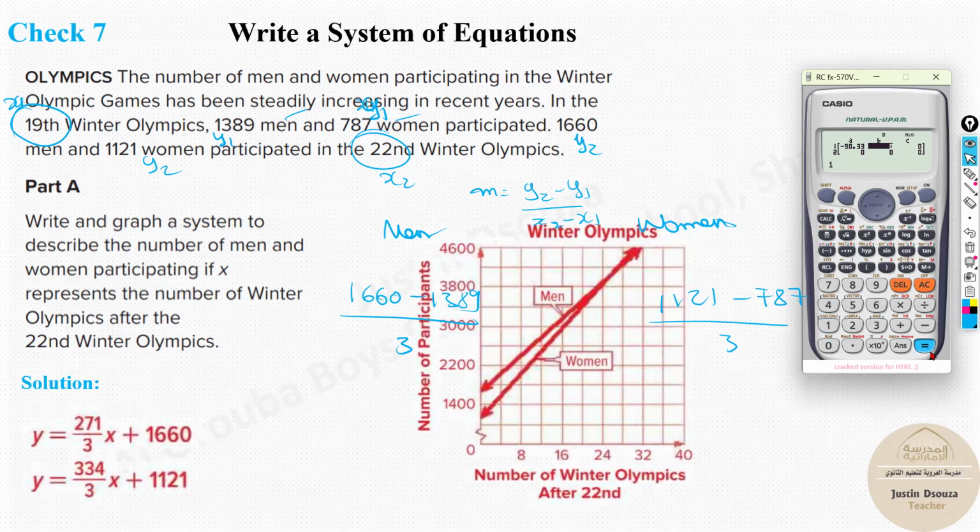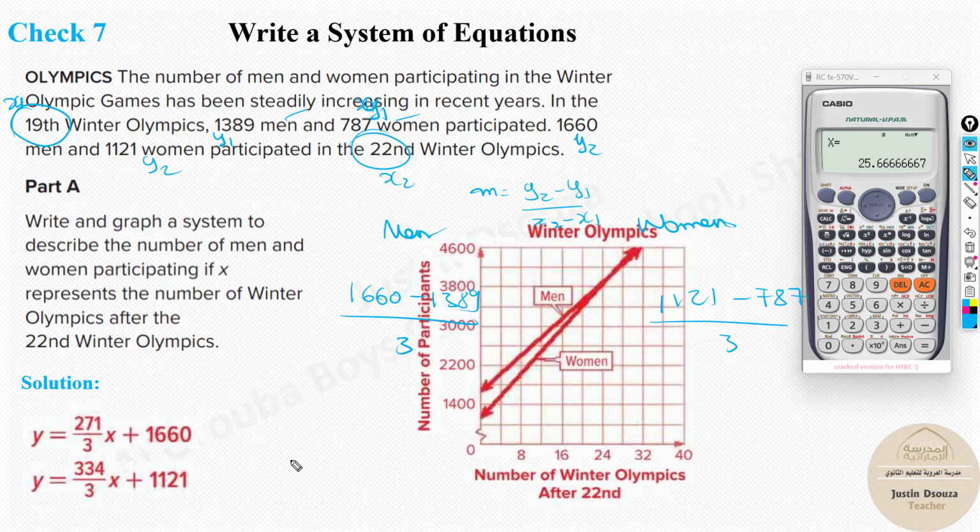Then y is 1, and lastly we have the coefficient 1660. Same thing with the next line, it will be minus 334 by 3 divided by 3. And what is the y value? It's 1 and 1121. The answer is 25.67. So okay, this is it for part A.